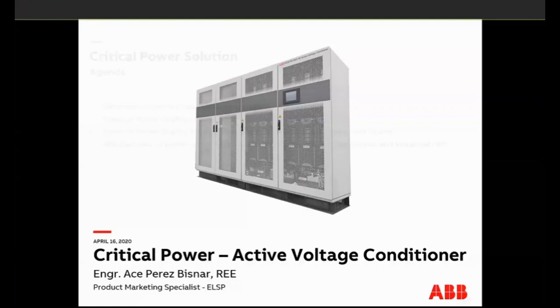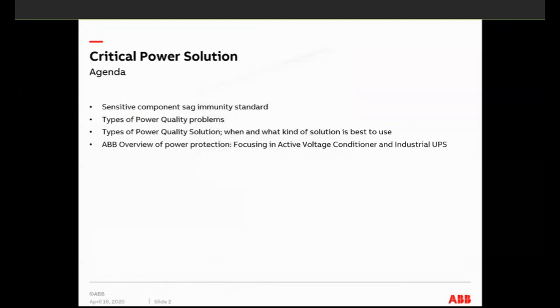All right. So going on in our agenda, first we are going to discuss the sensitive component sag immunity standard. When we say this standard, this is about the immunity of certain sensitive components that are being used, whether in the semicon industry, commercial industry, or F&B industry.